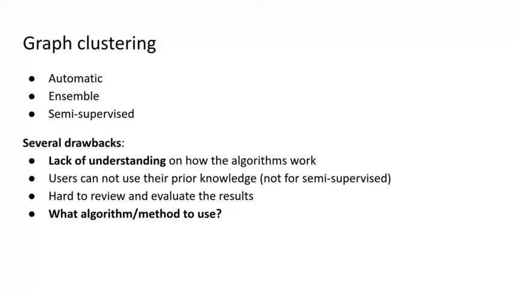In these existing methods, there are several drawbacks, such as the lack of understanding of how the algorithms work. For example, if we use an automatic clustering, very often we don't really know how the computation has been made, and we just use the results. Also, very often the users cannot use the prior knowledge that they have. In the social sciences, they always have some prior knowledge, but they very often cannot use it with automatic methods. Semi-supervised methods can use the prior knowledge, but they are the only type of method that does.